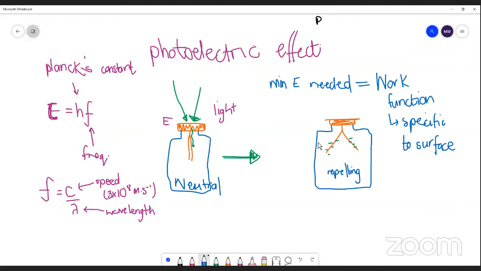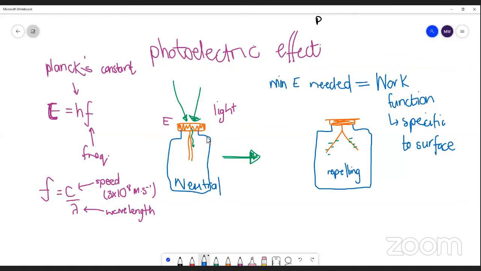And what it meant was that, let's say all the light from a wavelength of green and lower were able to cause this, then you wouldn't be able to use a wavelength of red, for instance, because there just wouldn't be enough energy.